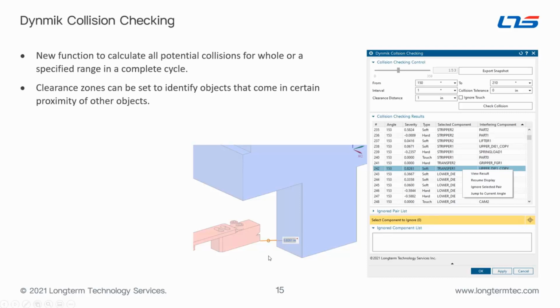And the system can calculate the minimum distance wherever that occurs. Okay, so as you can see here, I have transfer listed here, and there was a distance between the transfer and the upper die. That's clearly mentioned here. All right, that's a big time saver there. And you can see here, when I right click on the result, we have the view result, which will show this display. We can also have this option, which is jump to current angle.